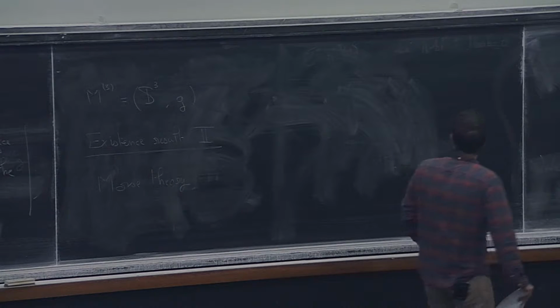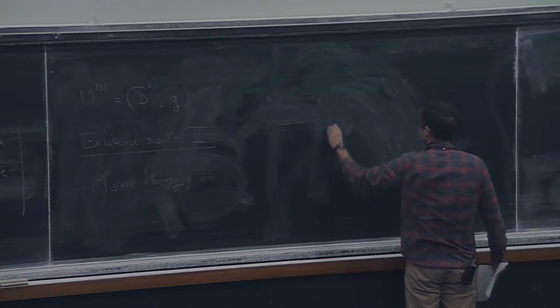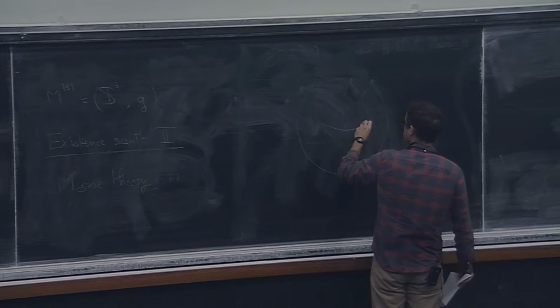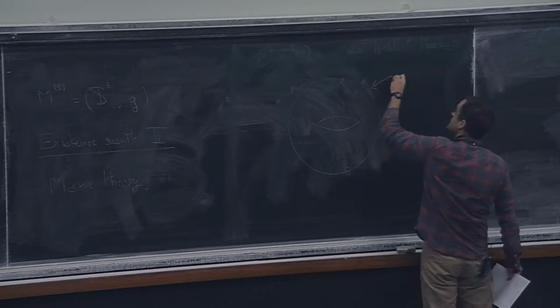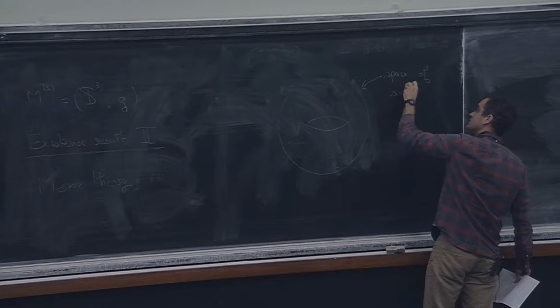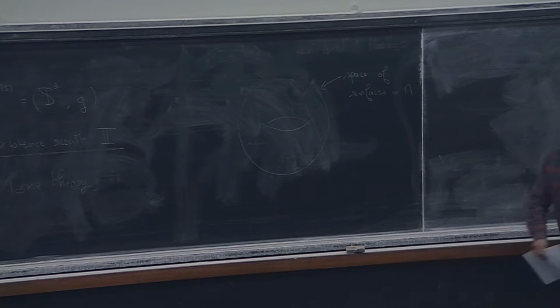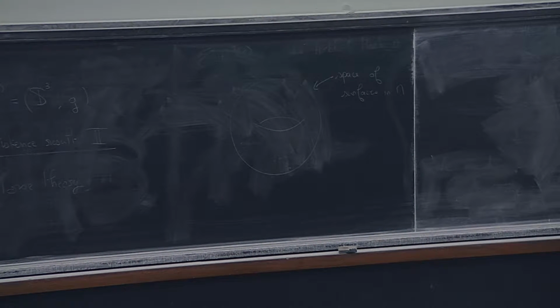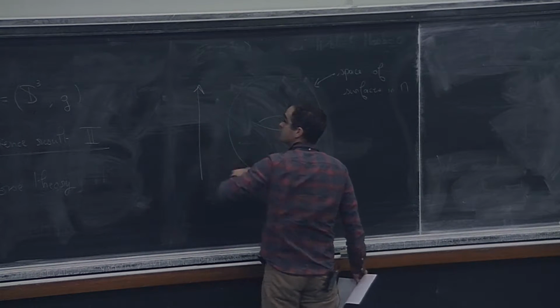And the picture is the following one. Imagine that your space of surfaces is like this. It's a big torus in very, very high dimension. So this is the space of surfaces in N. And here you put the area functional.